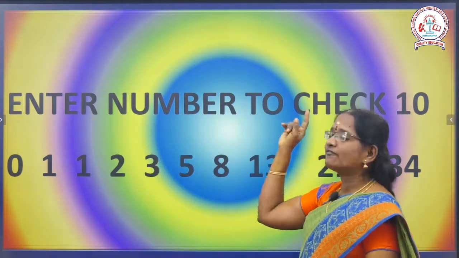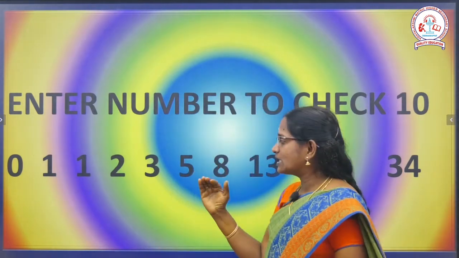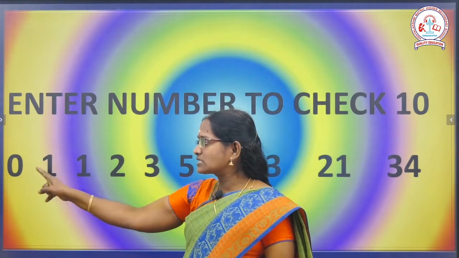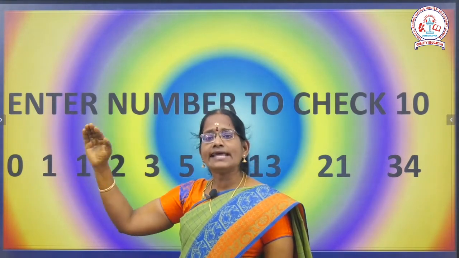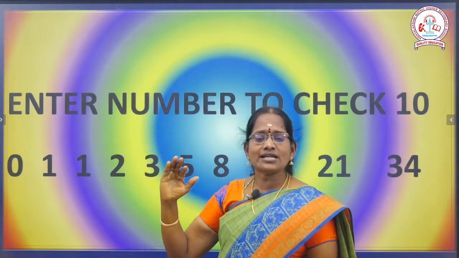In this program we enter 10. The n value is 10. First time it will start to print. So f1 plus f2, minus 1 plus 1, produces a 0. Next time, swapping: first number plus second number gives third number.